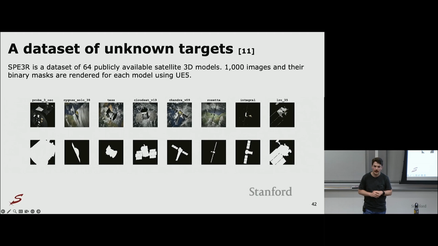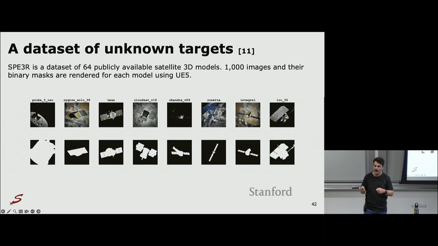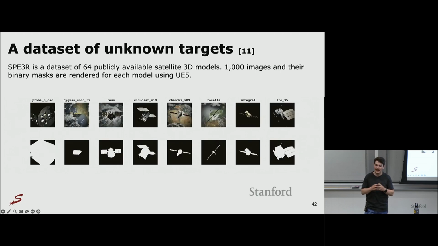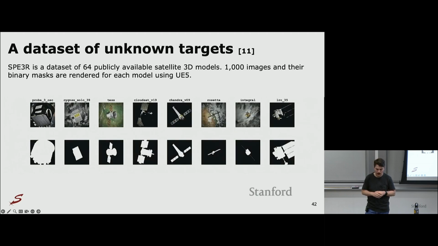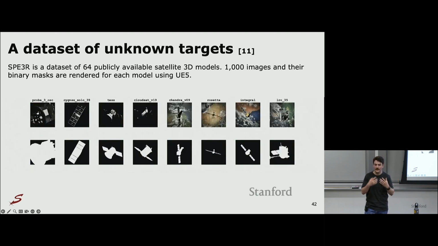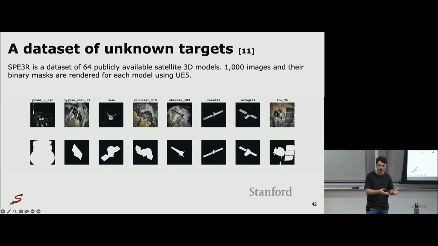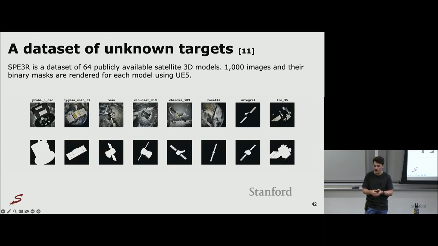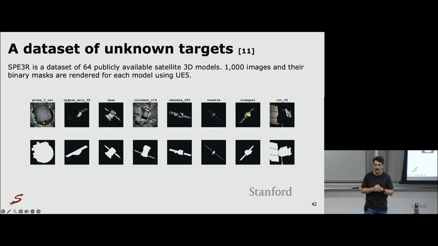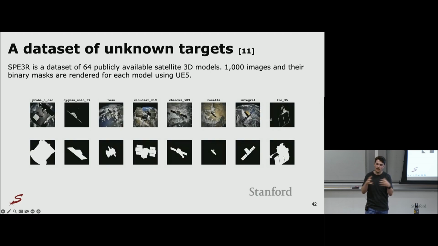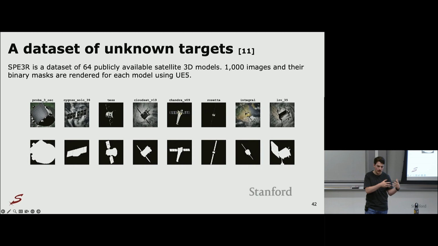Something to note before we go to the next slide is that the way the data set is split is a bit non-standard. There are 64 satellites, 58 of those and their respective images are used for training and validation. And then the remaining 5 or 6, whatever, are used for testing only. That means the network never sees these satellites during training.